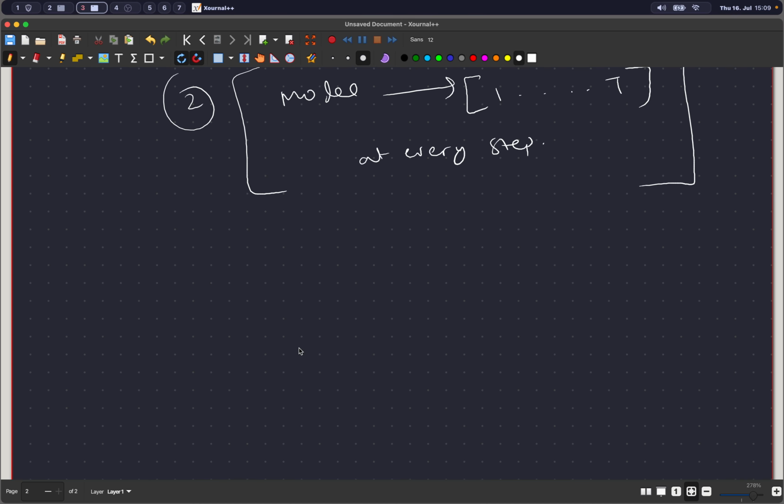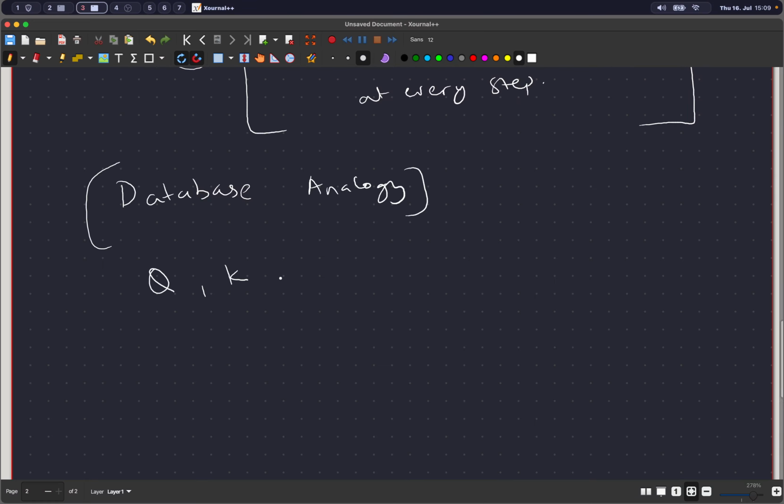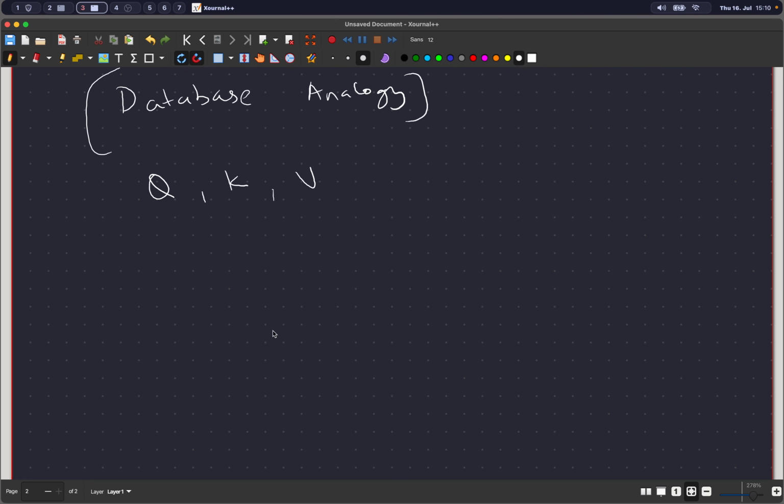Now, before going towards what exactly the formula and everything for attention is, I just wanted to tell you about an analogy that I prefer. It's called a database analogy. Suppose you have a database. In that particular database, you will have three things: QKV, query, key, and value.